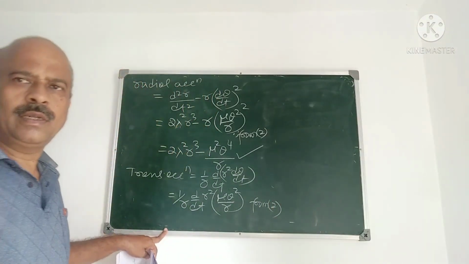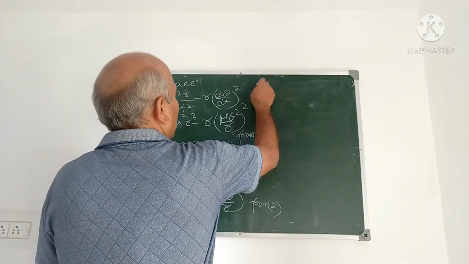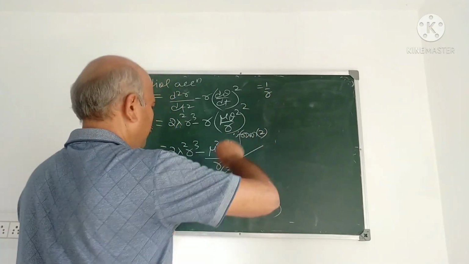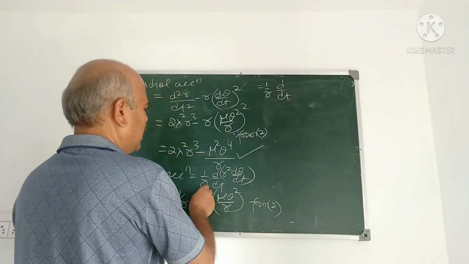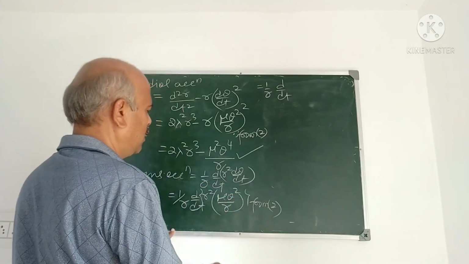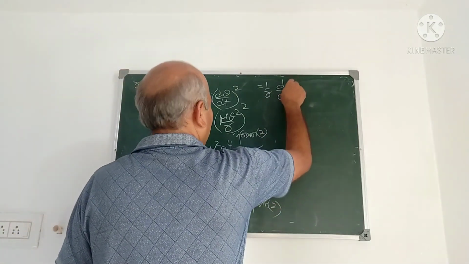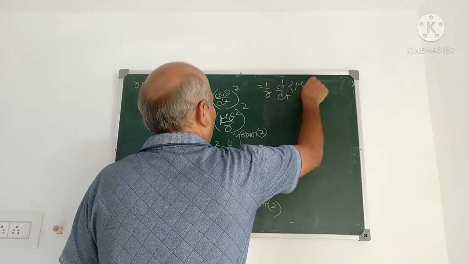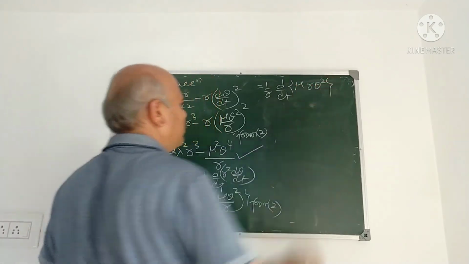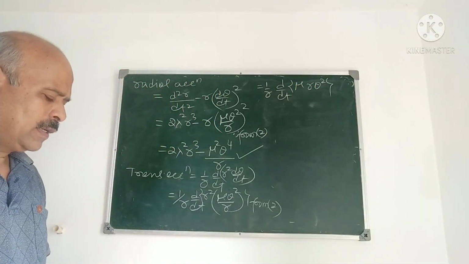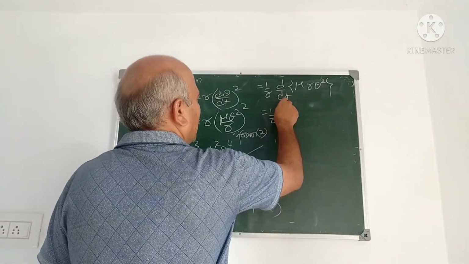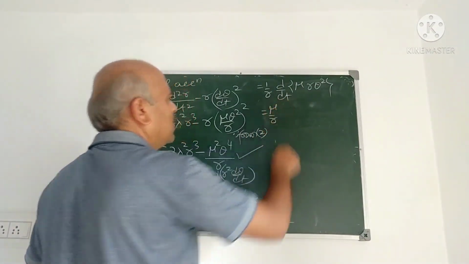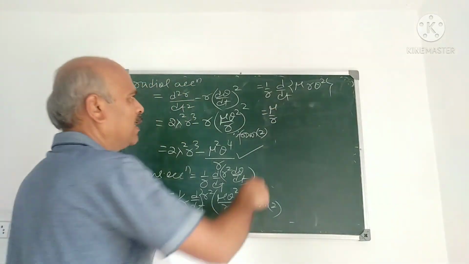Simplify. How to differentiate? It is 1 upon r d by dt of, r square cancels here, so d by dt of mu r theta square. Correct? Mu r theta square. So 1 upon r, mu by r, differentiation of r theta square.